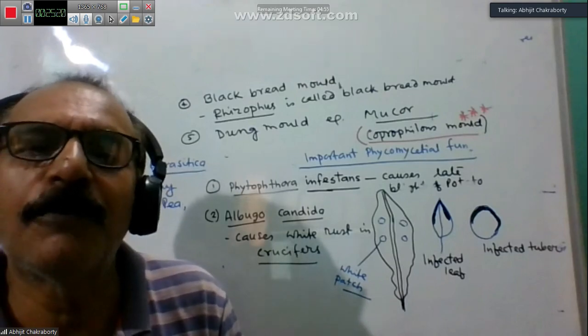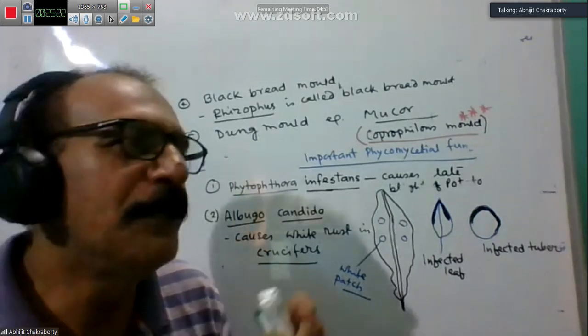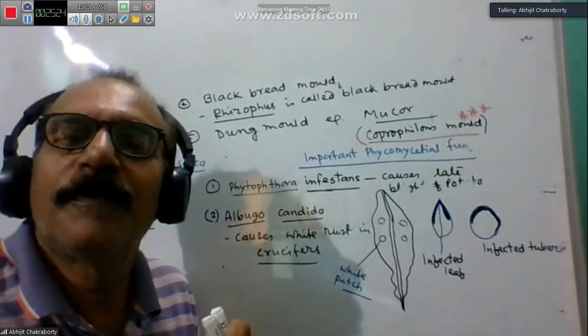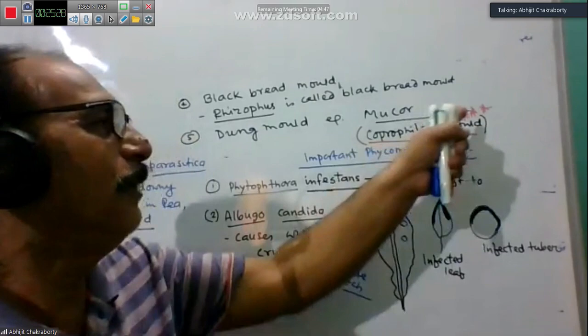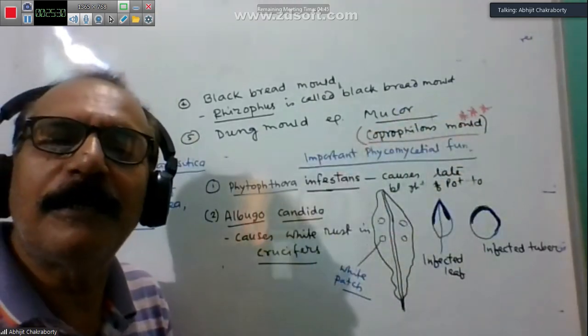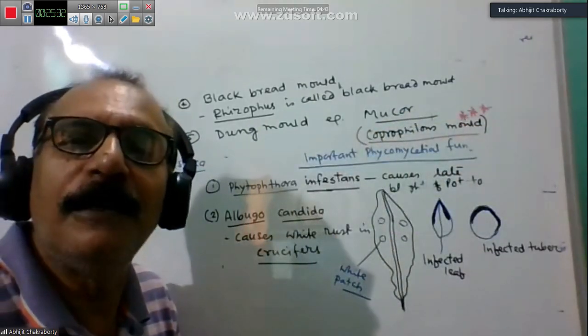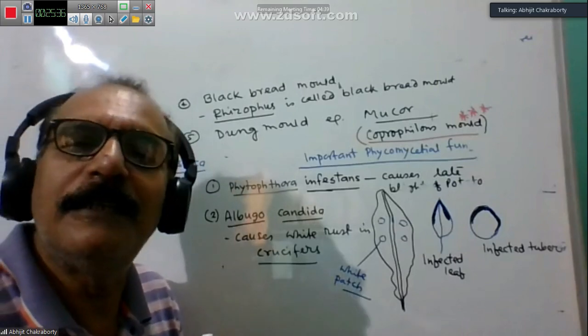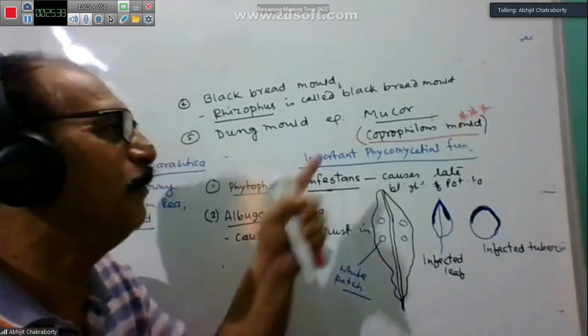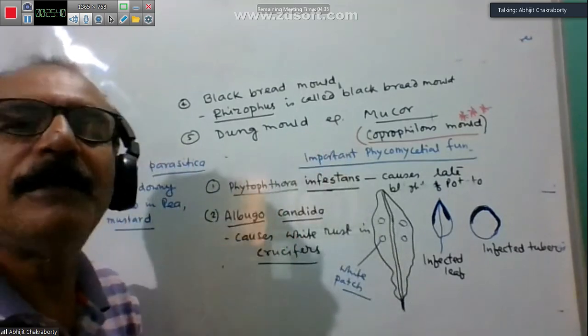Point 4, none of this. If it is not clearly known, then it will be difficult to answer. That's why while I am putting stars in any part, you need to remember it very carefully, because such types of questions are coming in the NEET.